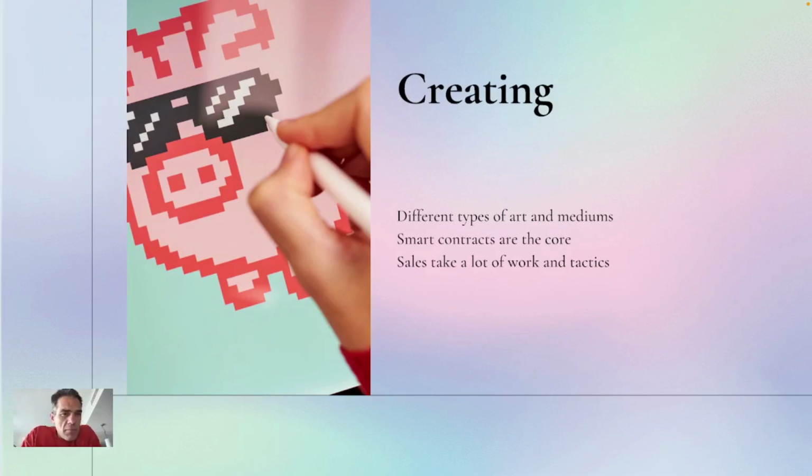To create them, it's just as simple as creating an asset. If you wanted to, you could literally create a cartoon in Microsoft Paint, save it as a JPEG, and you have the core element, because creating an NFT is all geared around the input types that are accepted. Image files, video files, audio files, these are common file formats that creatives are going to be familiar with and are going to be outputting.